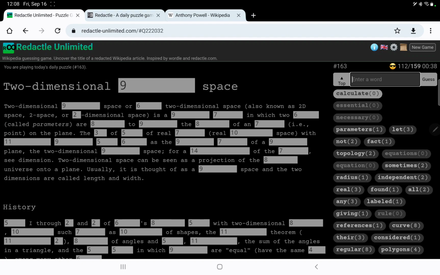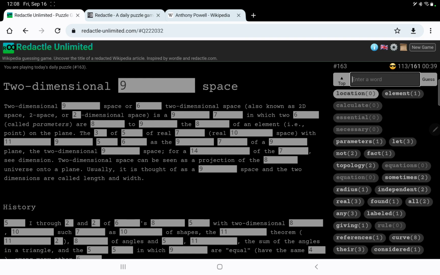These are something to 9 the 8 of an 7, i.e. point. So what's another word for point that begins with a vowel and has 7 letters? Maybe element? Oh, that surprised me. The something of an element. Location, location, location? No. My goodness.